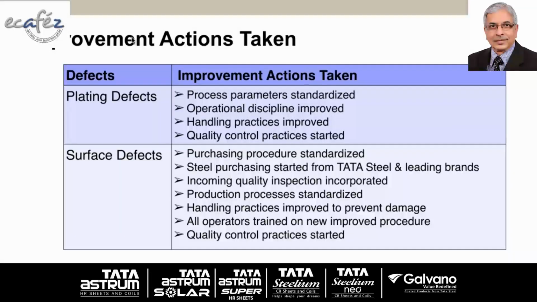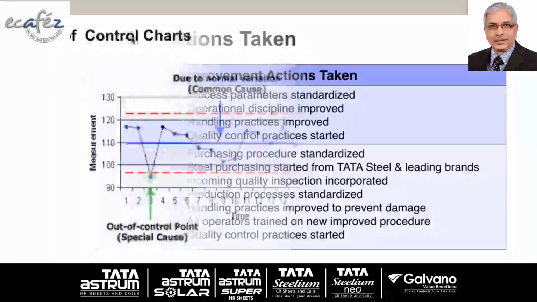Steel purchasing started from Tata Steel and some leading brand suppliers instead of local small companies. That helped to improve quality really well. Incoming quality inspection incorporated, production process standardized, handling practices improved to prevent damage. All operators trained on new improved procedures. Quality control practices started in the purchasing. So these were the improvement actions taken by the team.